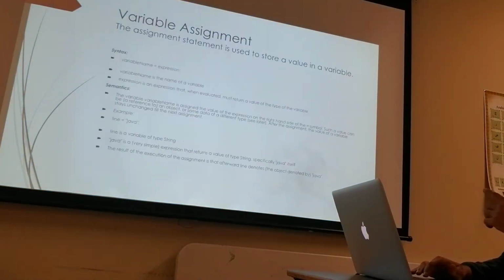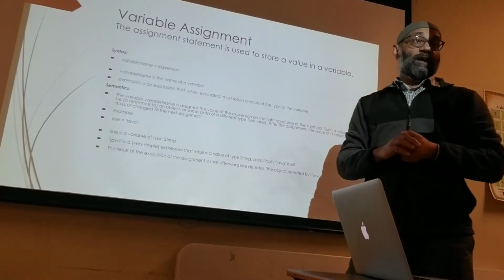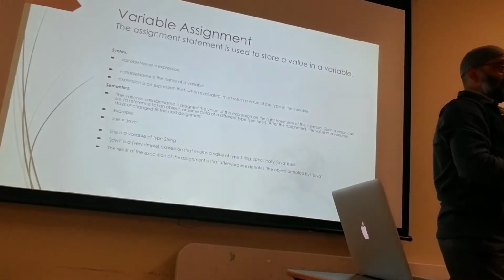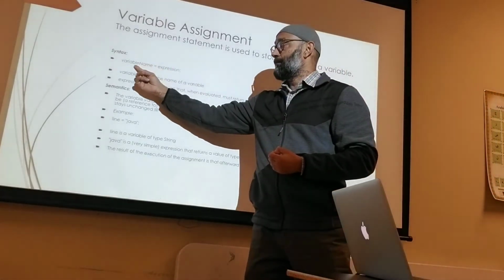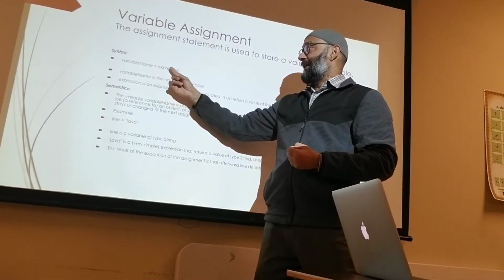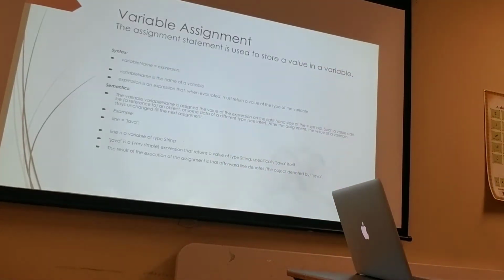So you guys can read some of that, and then we have an assignment, variable assignment. Variable assignment is very simple. All you do is you put variable name equal an expression. Expression means anything. Either you have a big processing that is done on the right side and the result of it assigned to the left side, or expression means simple things.